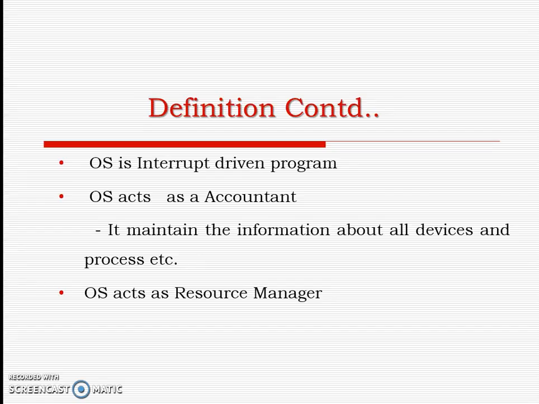All this information will be maintained by operating system. That's why in that sense we can say operating system is an accountant. And lastly, OS is a resource manager. It means it can manage all the resources of the computer system.